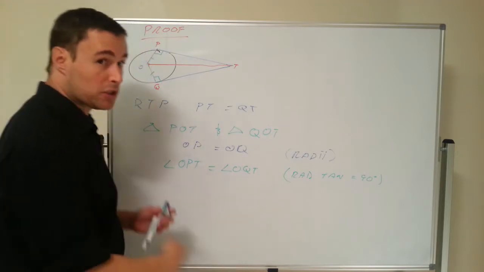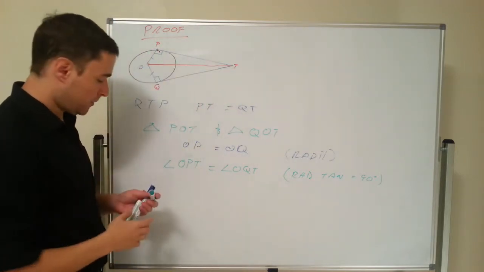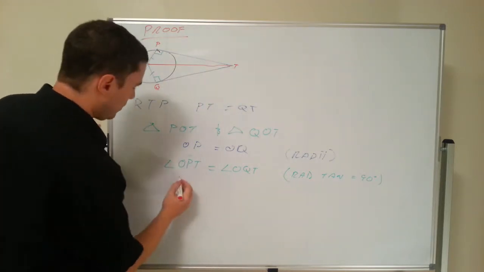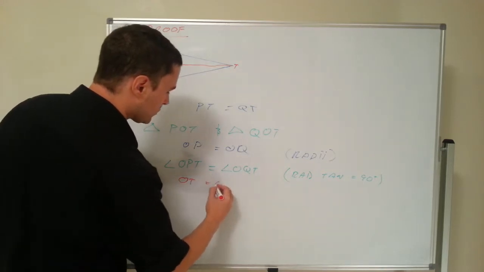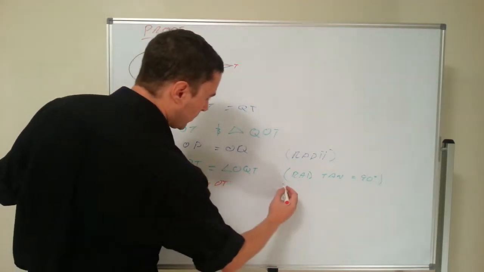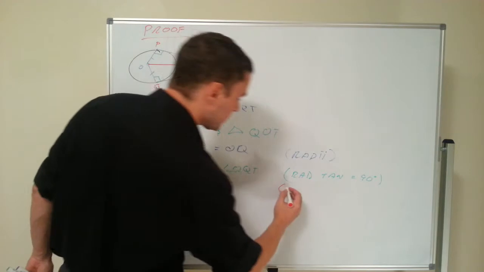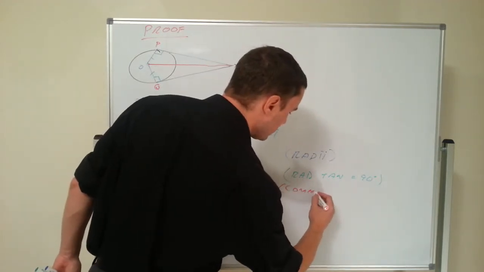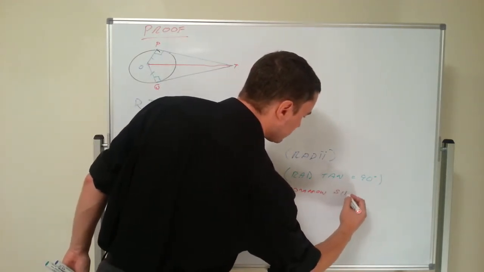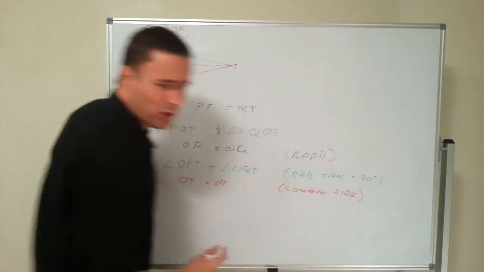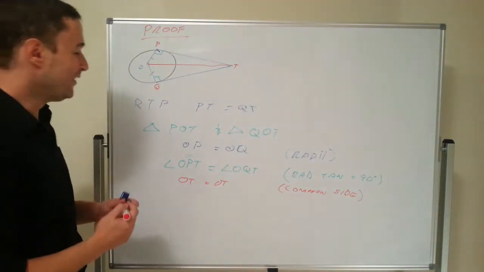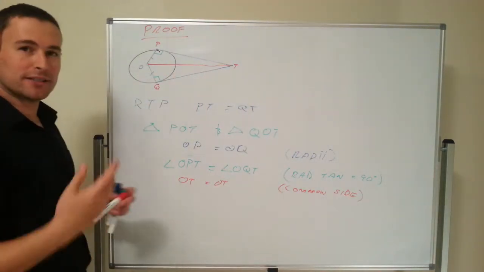And lastly, what can you say? OT is common. So here, OT equals OT, or you could say it's a common side. I don't think there's two M's in common. So OT equals OT, common side. Well, hang on a second, what have I got?